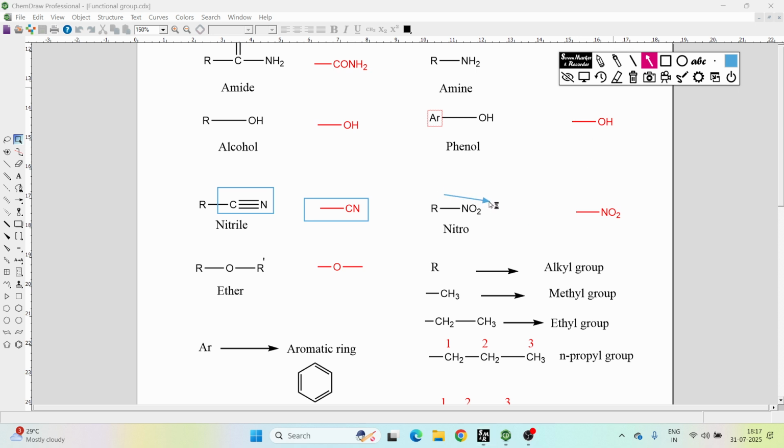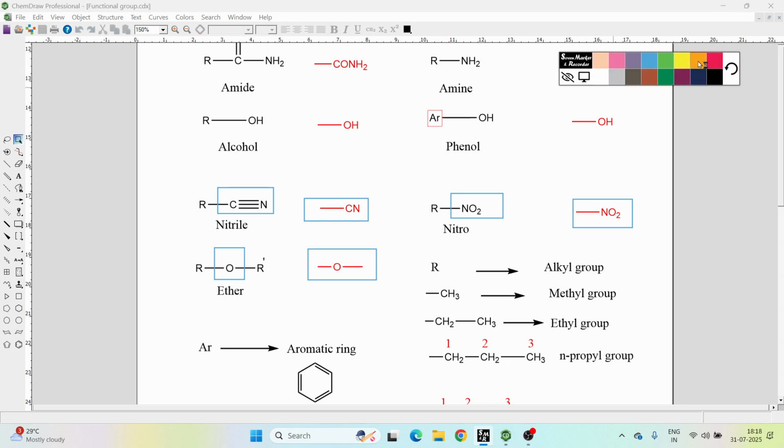In a nitro compound, the functional group is nothing but a nitro group. We have one more category, which you call ethers. In ether you can see the functional group is here: oxygen, which is divalent. On one side you have an alkyl group, and here is the second alkyl group.